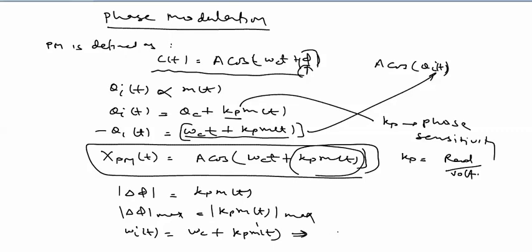To maximize the frequency deviation, first we calculate the frequency deviation, which is kp m'(t), and maximize it. To calculate beta, we can rewrite all the formulas: x_PM is A cos(omega c t plus kp m(t)).